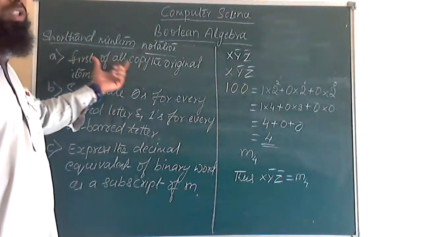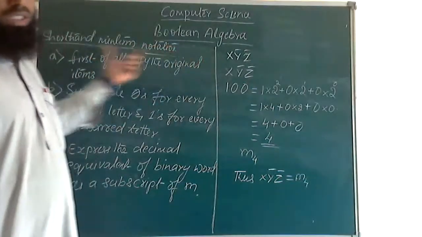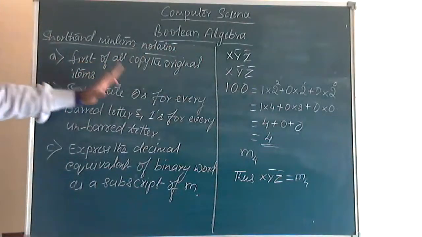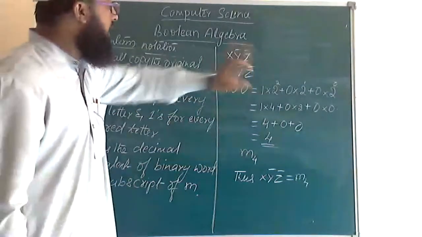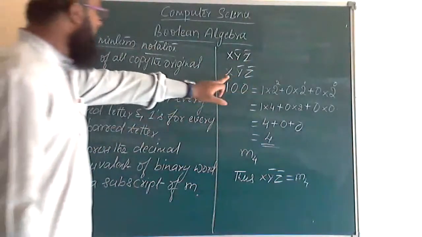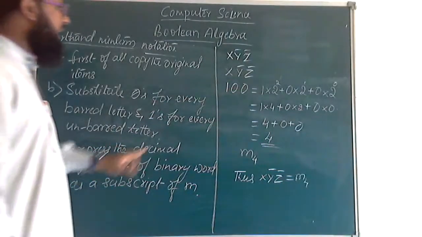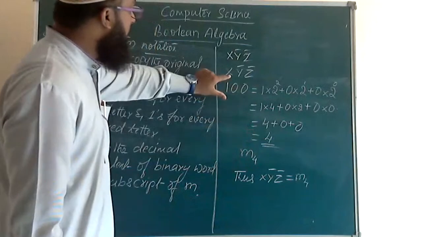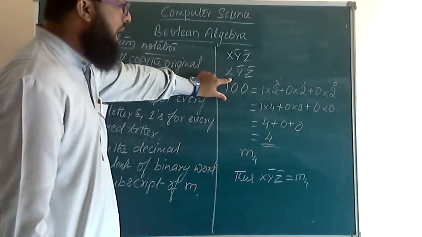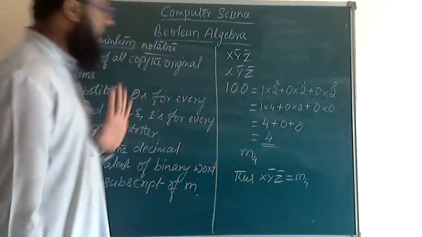First of all, copy the original items, then substitute zeros for every barred letter and ones for every non-barred letter. Then express the decimal equivalent of the binary number as a subscript of m.